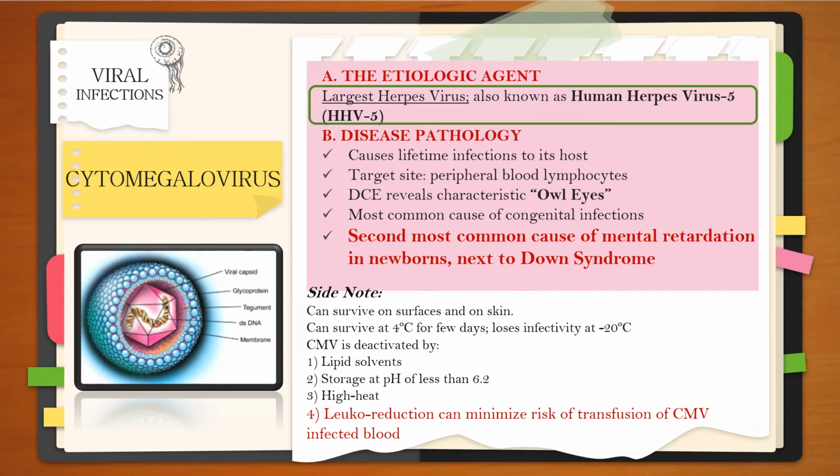CMV can also be inactivated by lipid solvents, since it is a lipid coated viral particle, also in storage at acidic pH and high heating procedures. And lastly, leukoreduction or white cell filtration from component preparation can minimize the risk of transmission of CMV in blood transfusions.